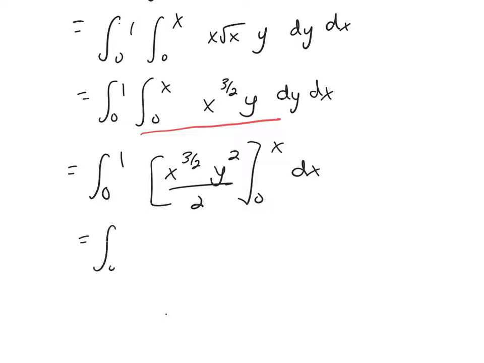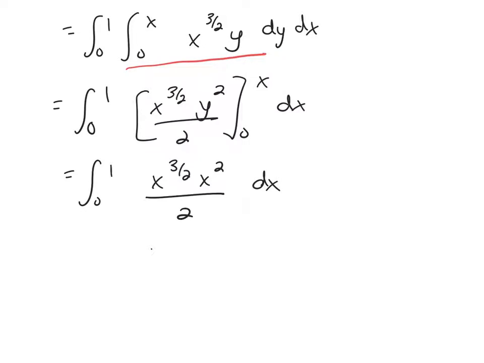So I'm getting 0 to 1, x squared over 2 minus 0, so just leave it off. And now we're going to add the exponents together. So this will be the integral from 0 to 1, x to the 7/2.